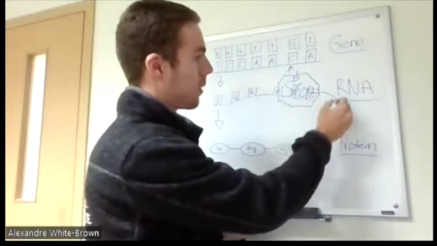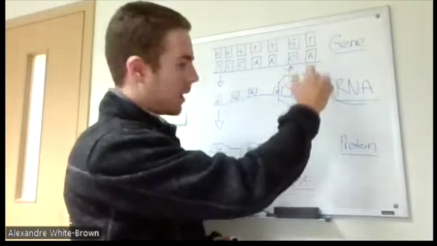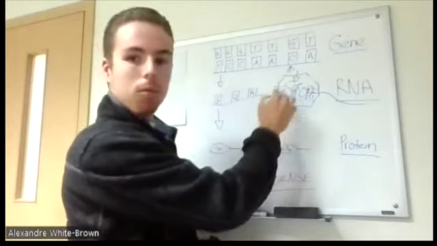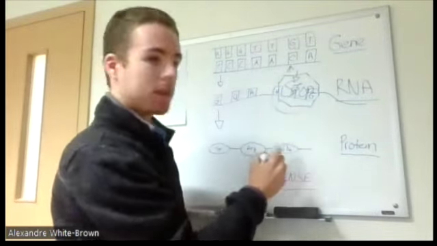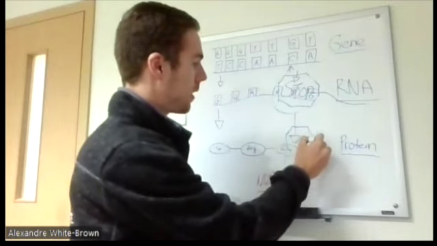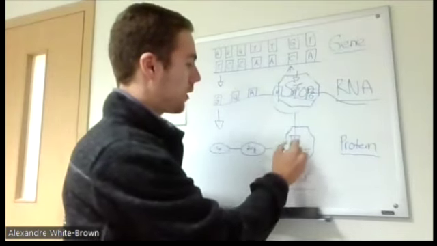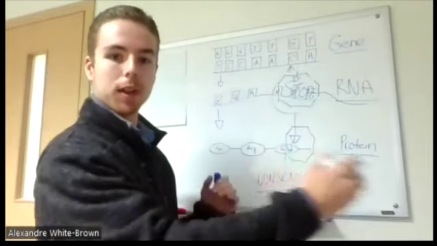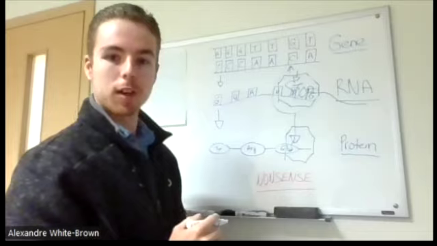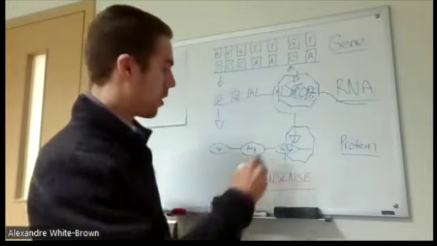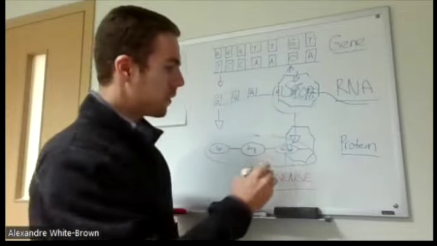Instead of continuing to read on and continuing to code for the protein, it thinks it's supposed to stop right here. What happens is this then creates a stop here, and it stops producing more amino acids and building the PSD95 protein. So what we end up with is a truncated, or smaller, protein, just like this.